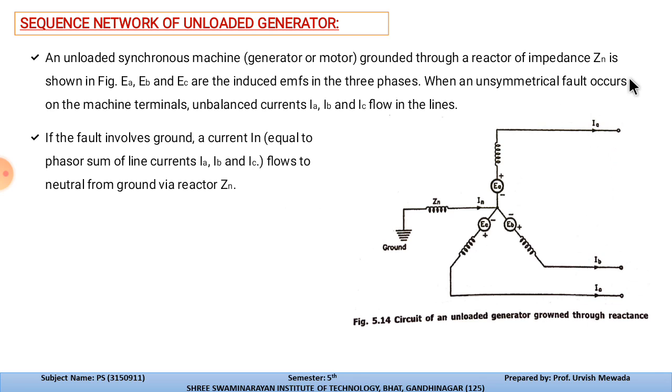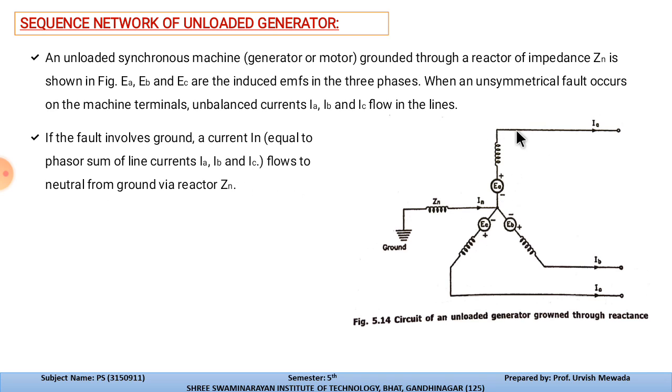Now if the fault involves the ground, the ground current is equal to the phasor sum of the currents Ia, Ib and Ic. So the addition of Ia plus Ib plus Ic equals the ground current, which flows to the neutral from the ground via the reactor Zn.